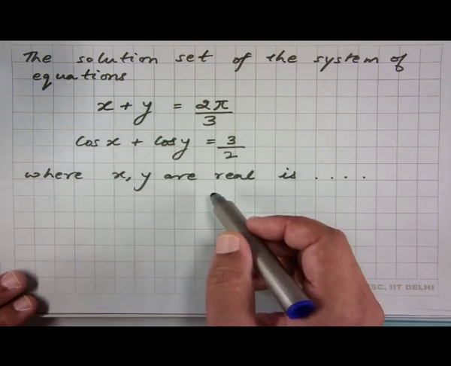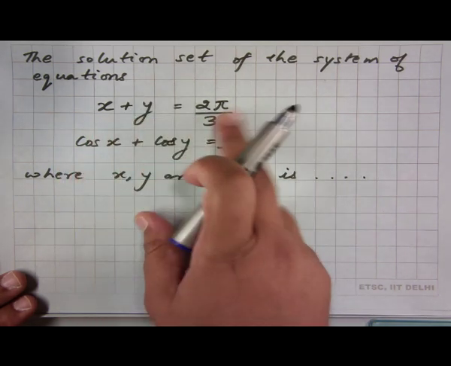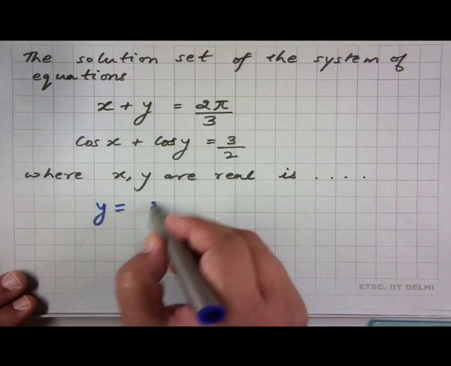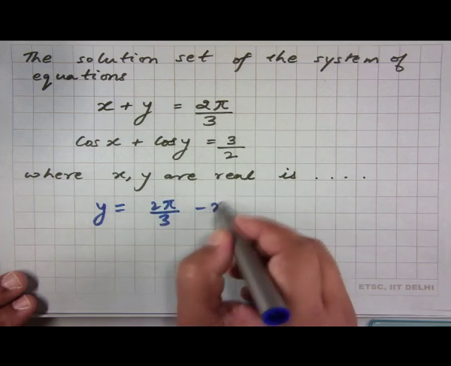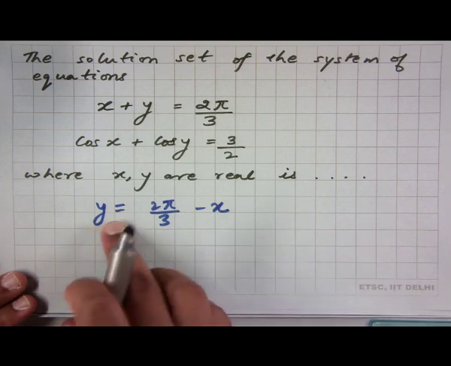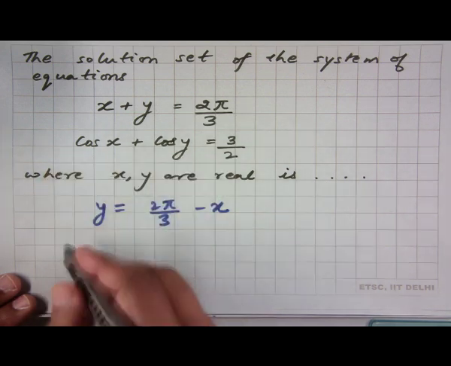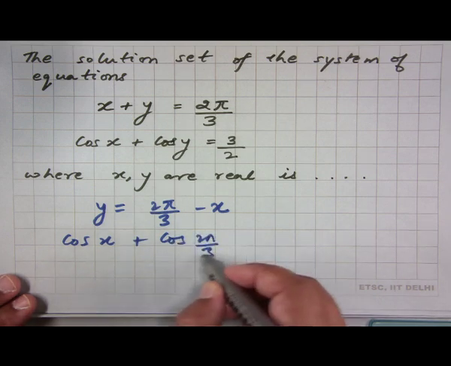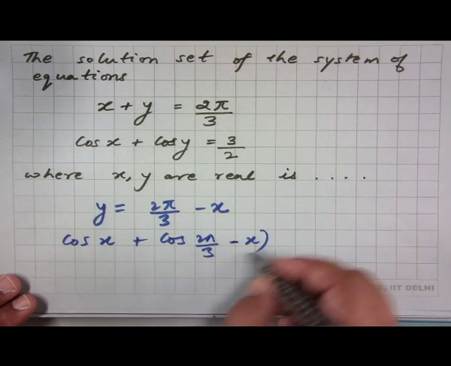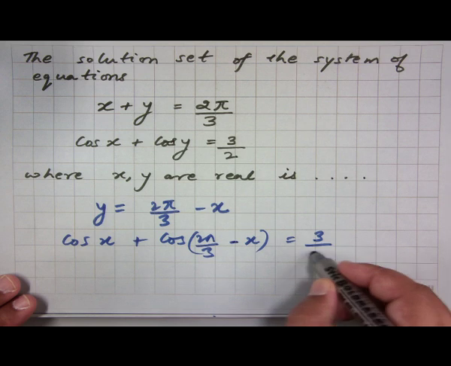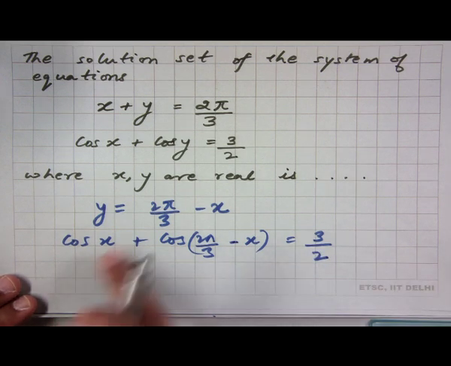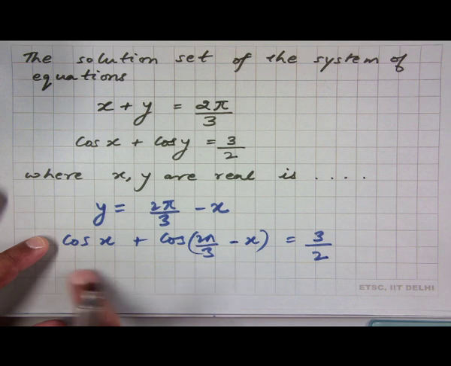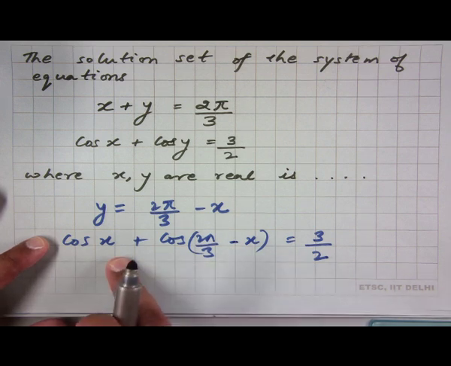From the first equation, we can write that y is equal to 2 pi by 3 minus x, and we substitute this value of y in the second equation. So, the second equation now is cos of x plus cos of 2 pi by 3 minus x equals 3 over 2. So, with the help of this substitution, we get a trigonometric equation in one variable x, and we should be able to solve that.